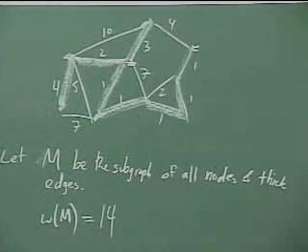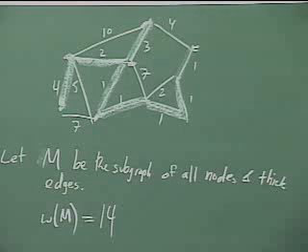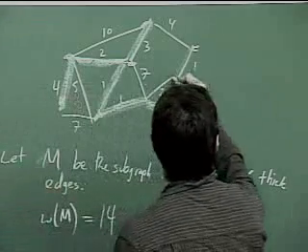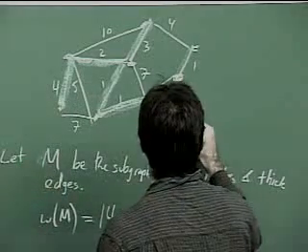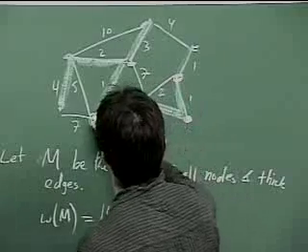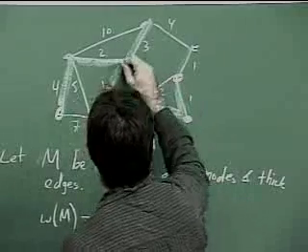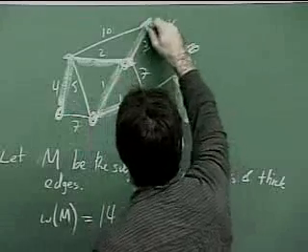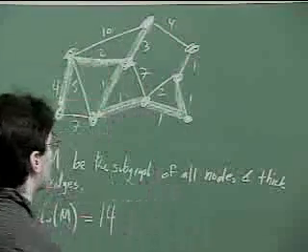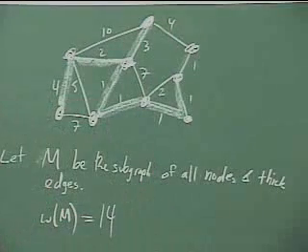And you will not find a cheaper graph to connect all those nodes together. Some of my nodes sort of disappeared. There are the nodes. It contains all the nodes.